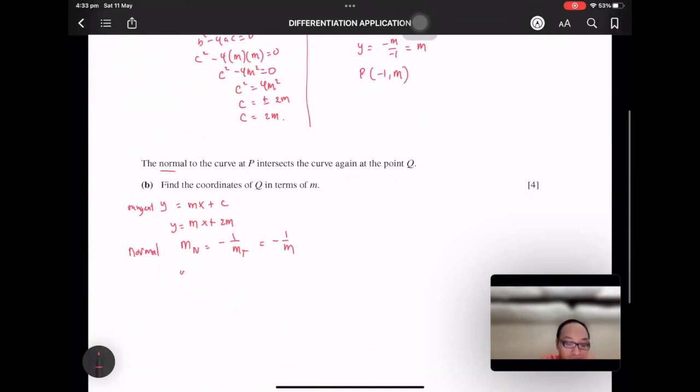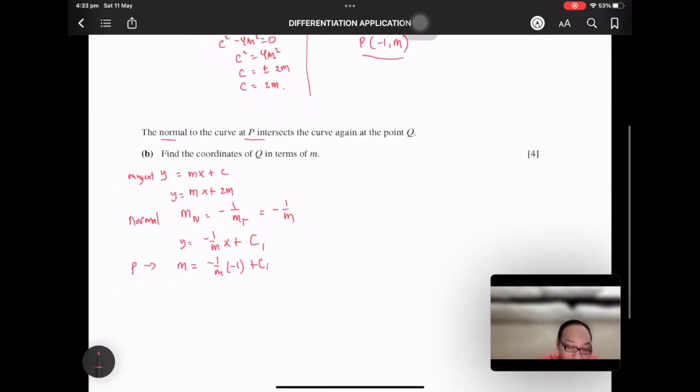So the equation of the normal will be y equals negative 1 over m x plus c1. This is another c that is different from the tangent. So we need to find c1. The normal passes through the coordinates of p. So we put at p, y is m, x is negative 1, so m equals 1 over m plus c1.